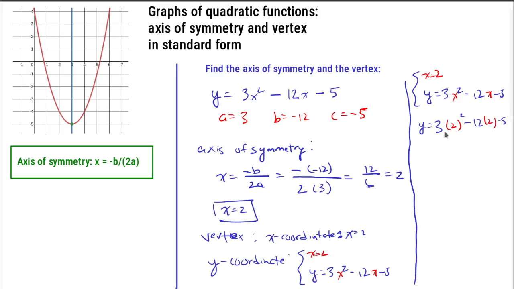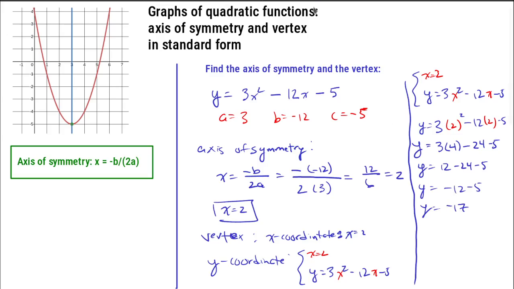And now we just have to simplify this using order of operations. 3 times 2 squared, we do the exponent first. 3 times 4, minus, and then 12 times 2 is 24, minus 5. 12 minus 24 minus 5. So this would be 12 minus 24, that's negative 12, minus 5 again, negative 17.